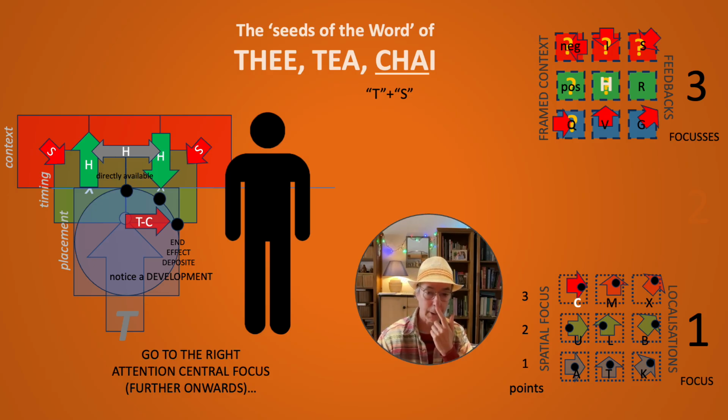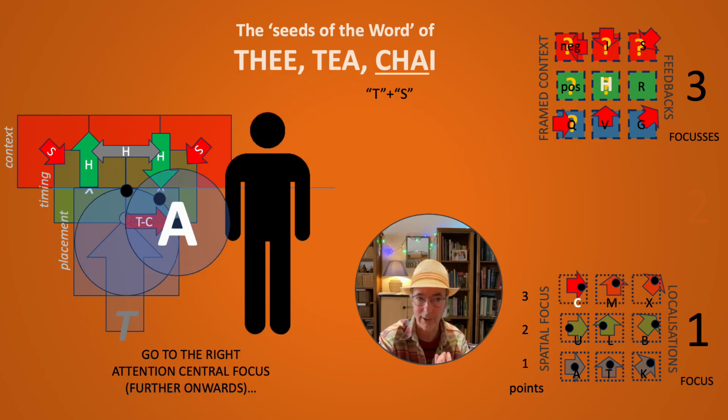It's not much more than the after effect, the residue almost, the effect deposit almost, as a matter of speaking. Not immediately the result of what is developing there, but that will also come to it as an extra effect to it as well. So you see already, you can analyze already in these 1, 2, 3 focuses how this complexity deals with a certain development of these features as well.